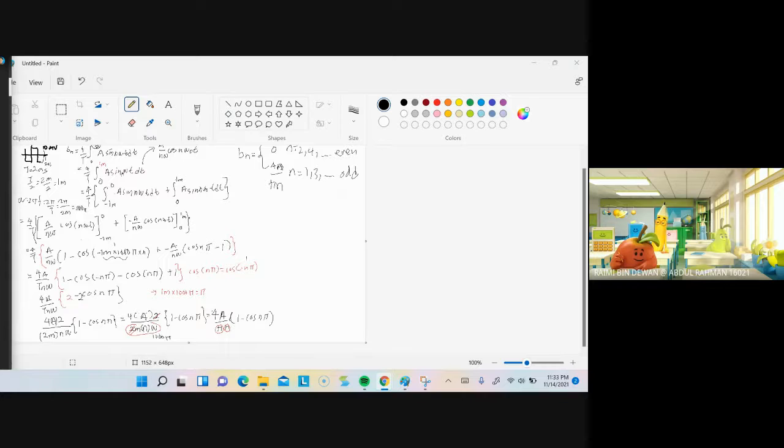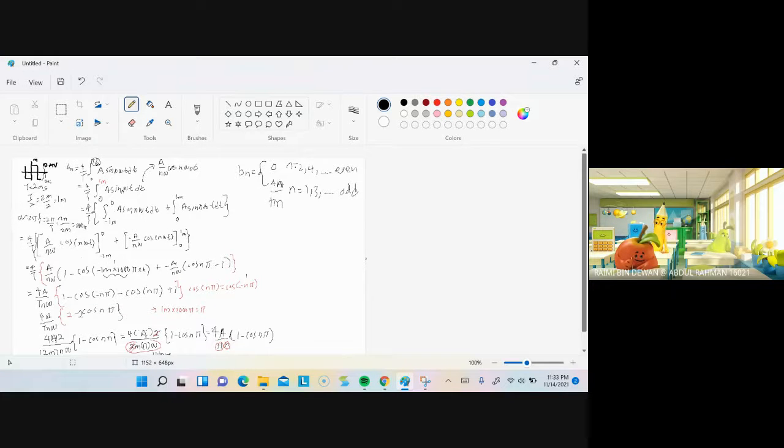Then you see for your VT. So your VT is 40 over pi, at n equals 1, sine omega t, where omega is 1000 pi, so sine 1000 pi t.